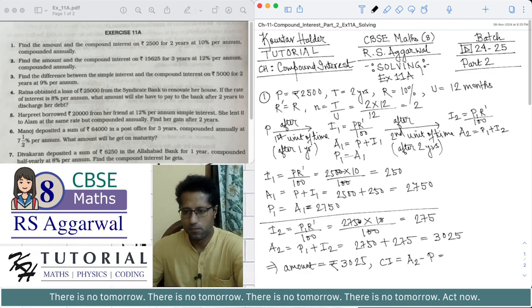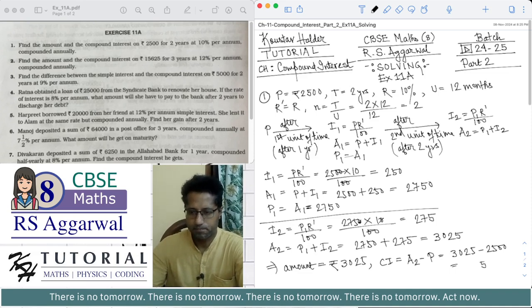This is equal to 3025 minus 2500. This is equal to 525.